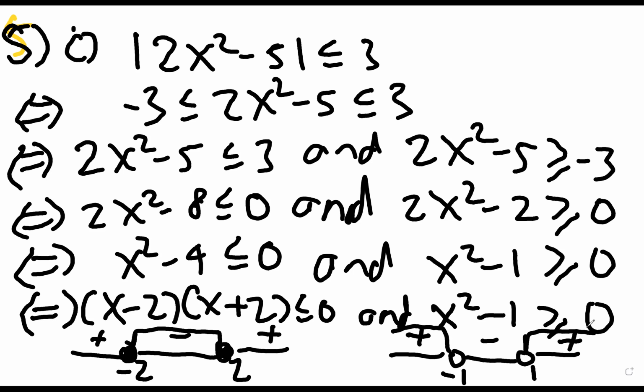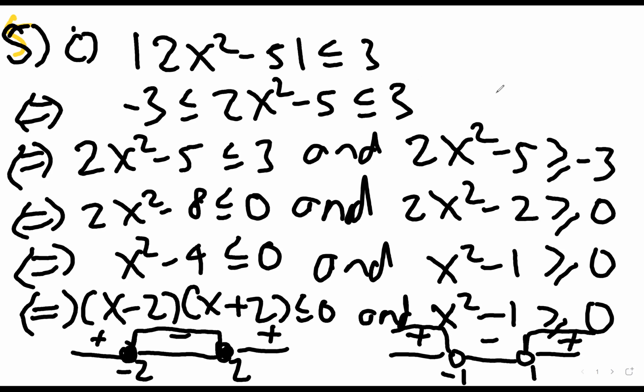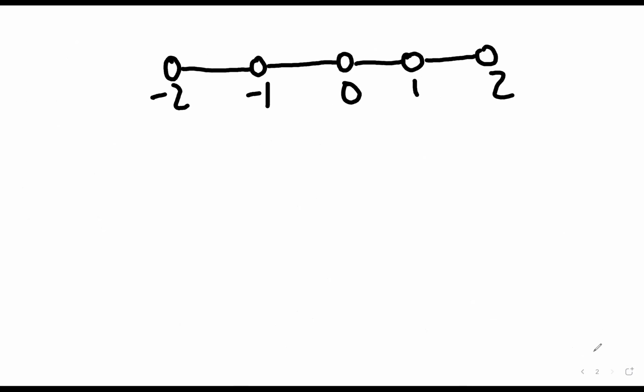Combining these two solution sets, I need to take the intersection. Graphically, I have minus 2, minus 1, 0, 1 and 2 there. First I have minus 2 until 2.